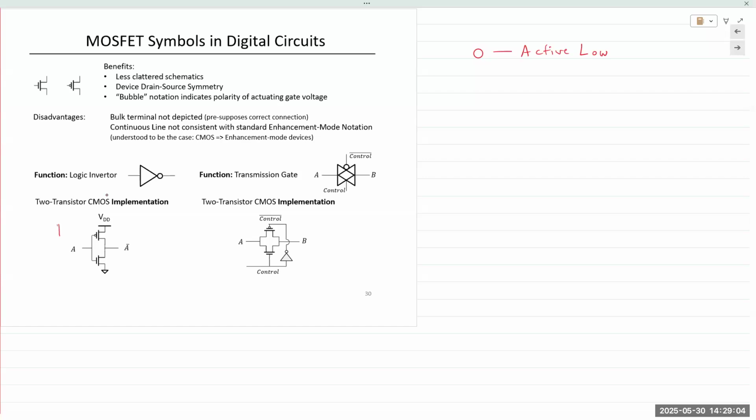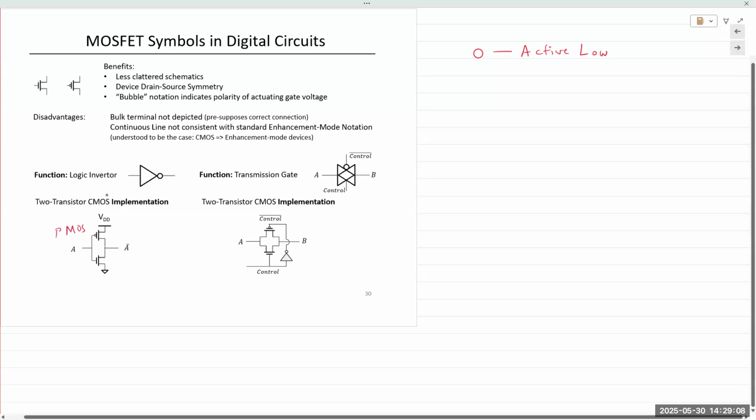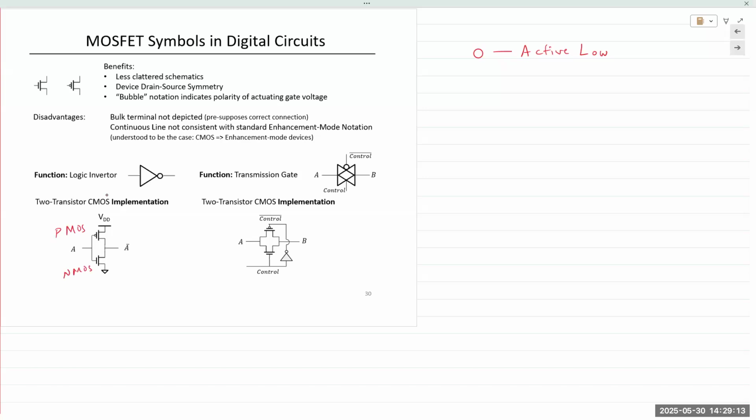So here, of course, we have a PMOS, NMOS. This is an inverter, and this would be like a transmission gate.